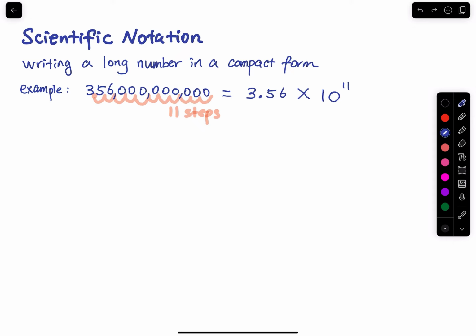Let's draw a description. So at 3.56, move the decimals. So when you go back to review your notes, you know exactly what you did, right? Move the decimals 11 steps to the right.